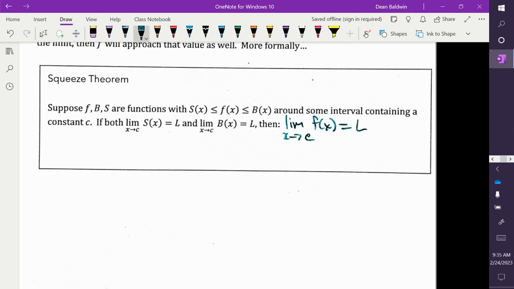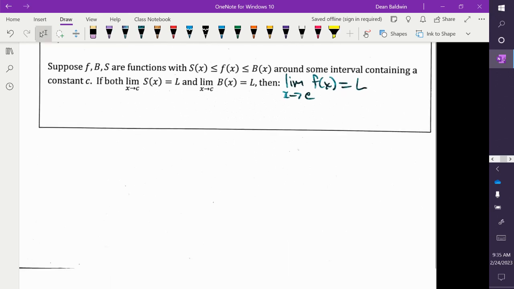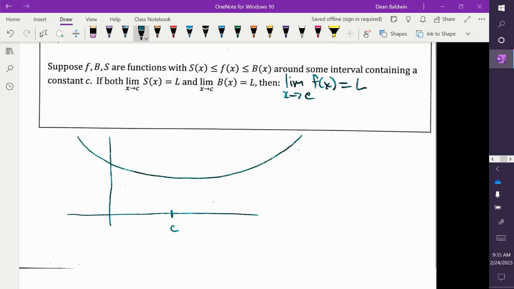What the heck does that mean? It means this. Here's c. I'm just going to draw some functions. Here's s of x. Let's do b of x.